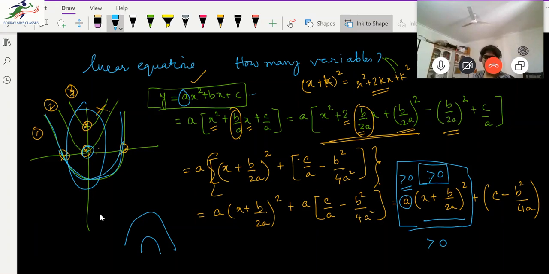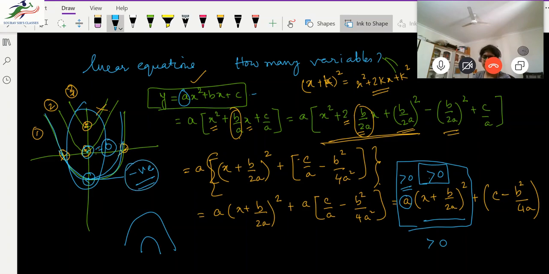If it is intersecting the x-axis, then the minimum value of the curve will have to be negative, and here the minimum of the curve will have to be 0.